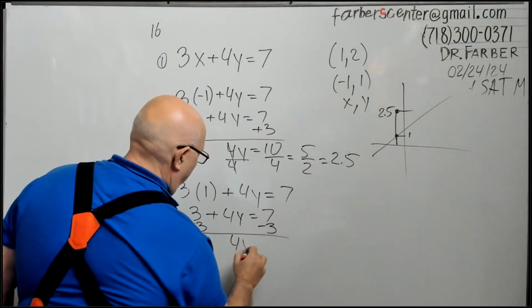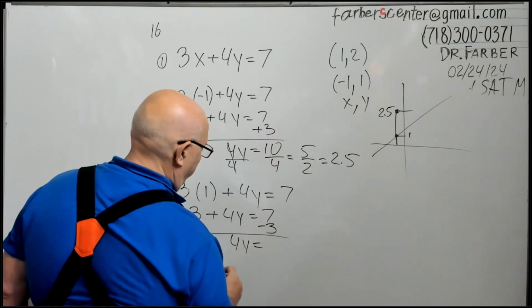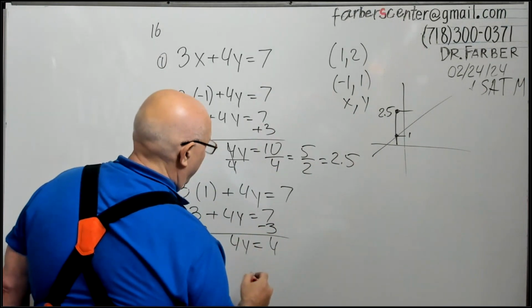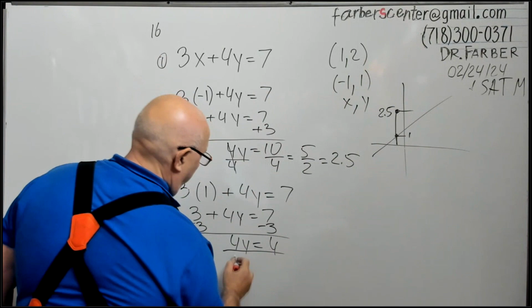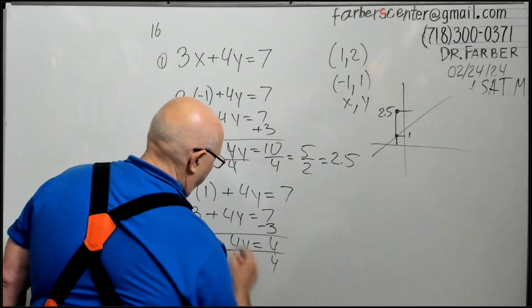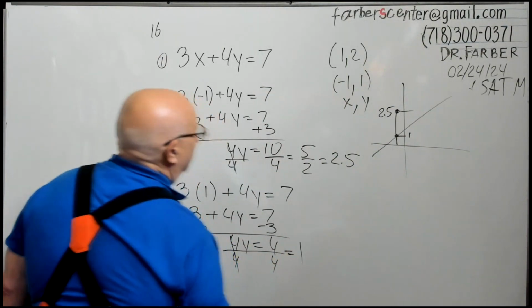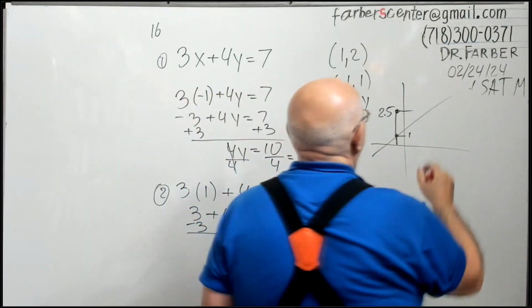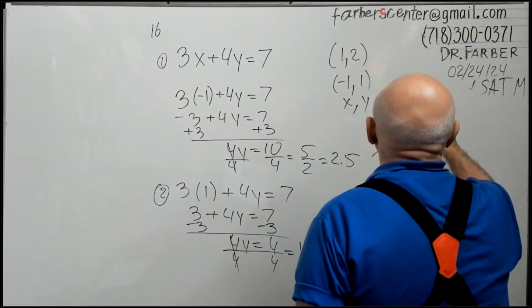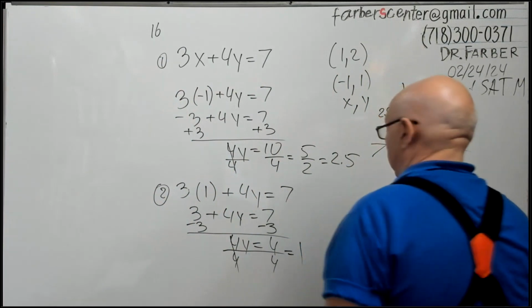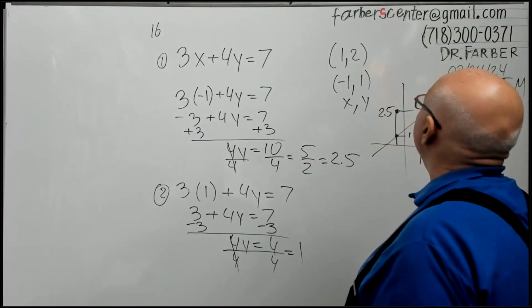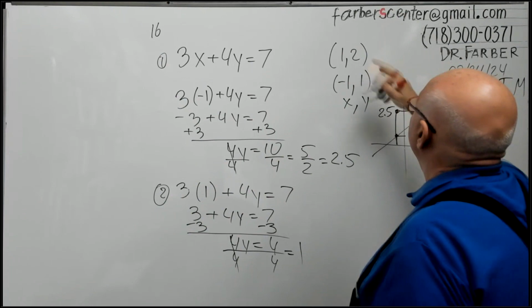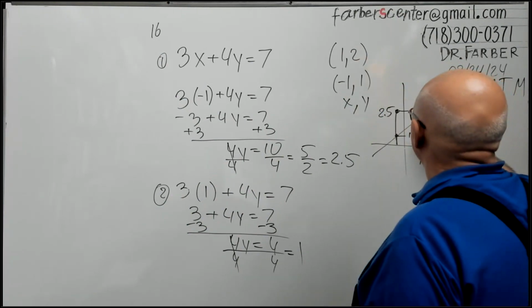I get 4y equals 4. I divide by 4 both parts. And y equals 1. So pretend x equals 1, y equals 2.